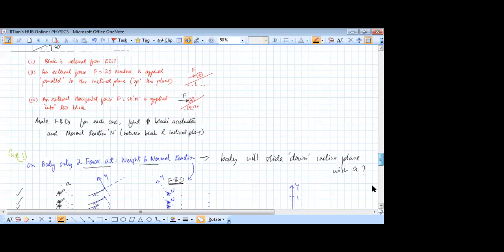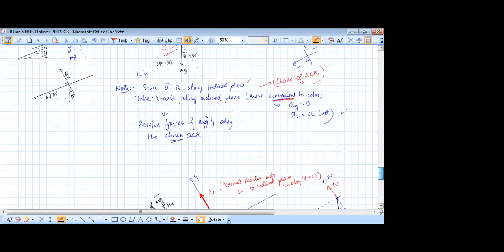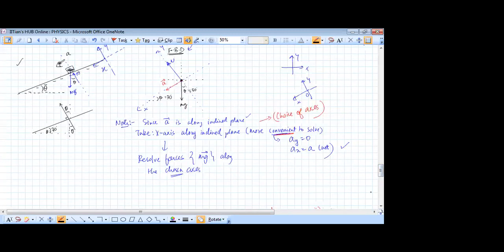So just taking you through the free body diagram and its resolution once more. So this is the FBD, this one. Then below it, the resolved form of it we'll see, and then finally the application of Newton's second law.